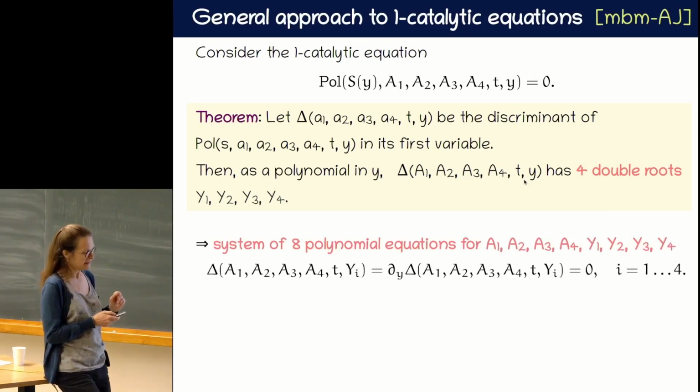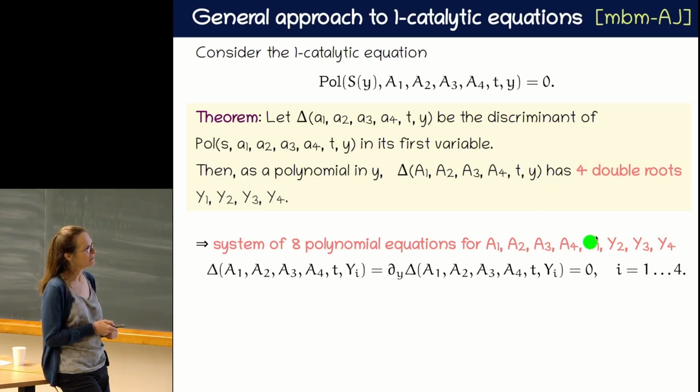So more precisely, starting from this, we can now write that for each of these series Yi, well, delta is 0. The derivative of delta is 0. So we have 8 equations here in 8 unknowns, the Yi's and the Ai's.